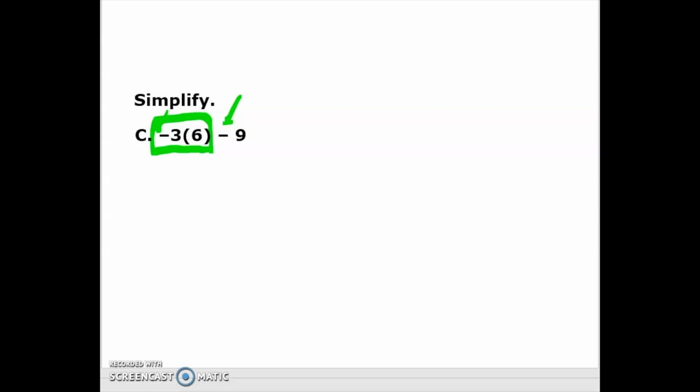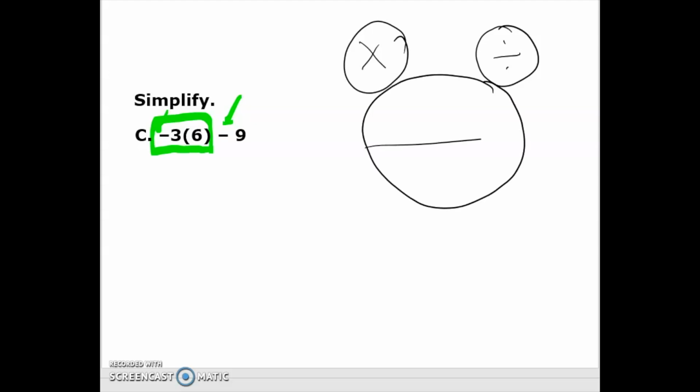And again, if we're using our Mickey Mouse, and if it's not on there, feel free to draw it for yourself. I always like to remind myself that it's only for multiplication and division. So I've got a negative 3, so I'm going to cover up a negative for the 3, and a positive 6.